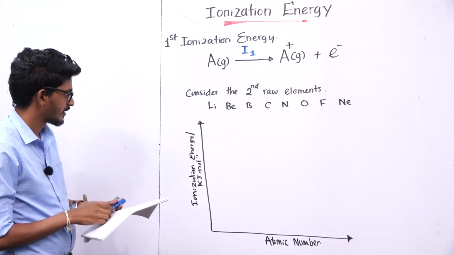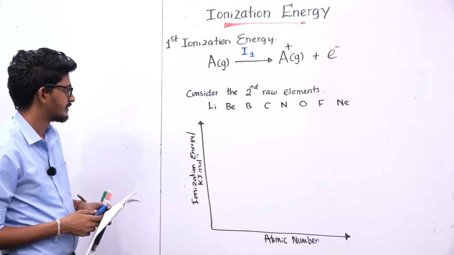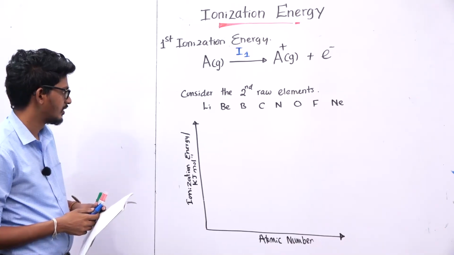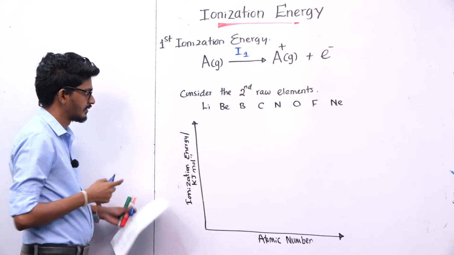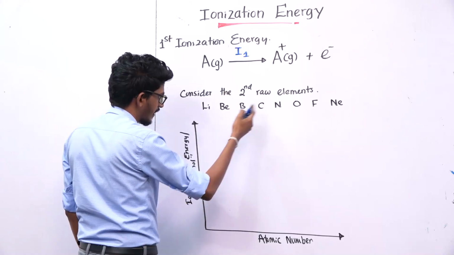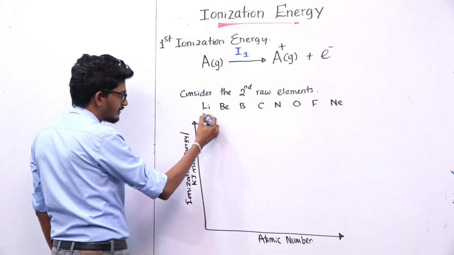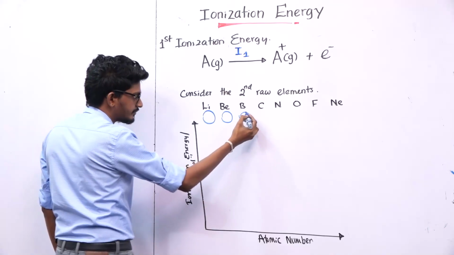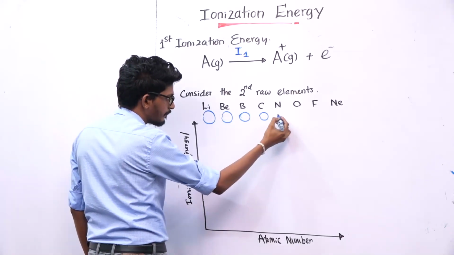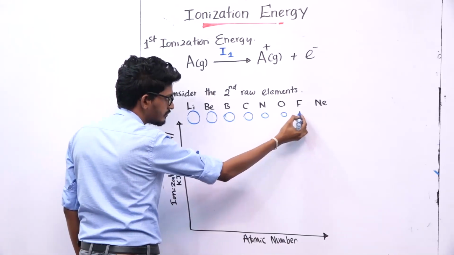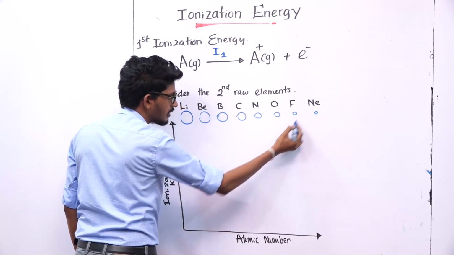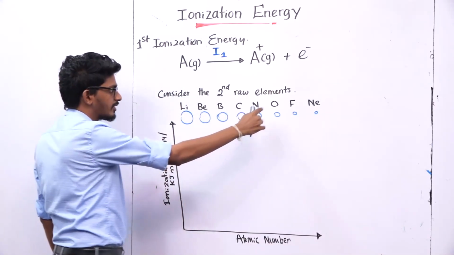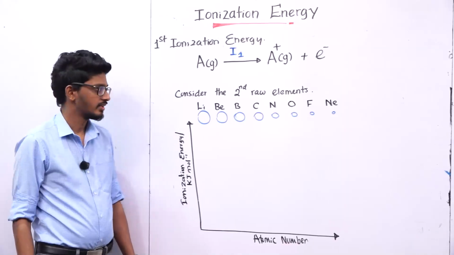What we know first is that going from left to right, the atomic radii become smaller.